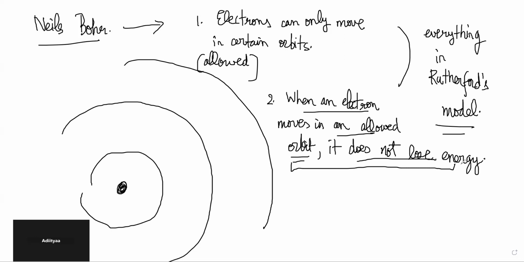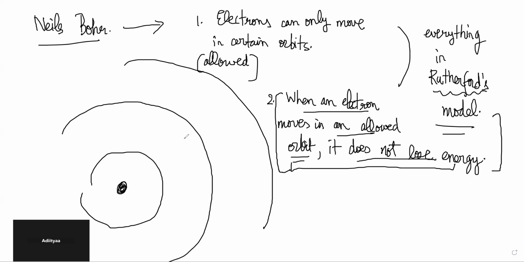So his solution is a very weird solution where he's saying, "Hey, let's switch off the laws. Maxwell's laws don't work in this particular situation." Rutherford's problem was that he could not explain that, no? But Bohr is saying that if you are in the particular orbit, then it won't lose energy. So there is no problem.